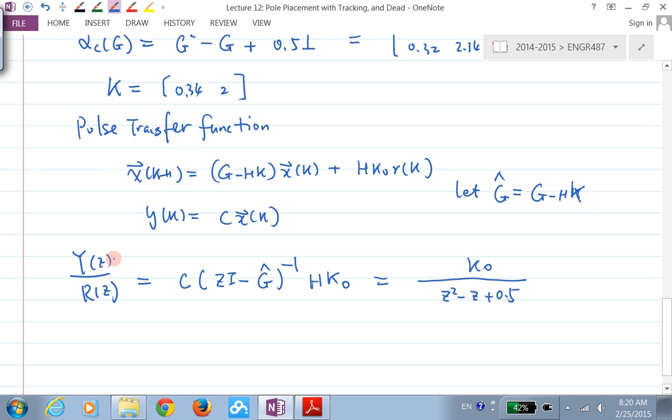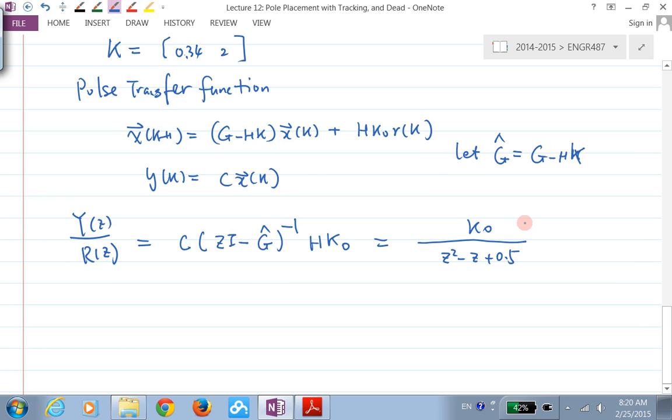The pulse transfer function is the relationship between output and input, right? So what do we want again? We want y to follow r, and we set the DC gain to be 1.